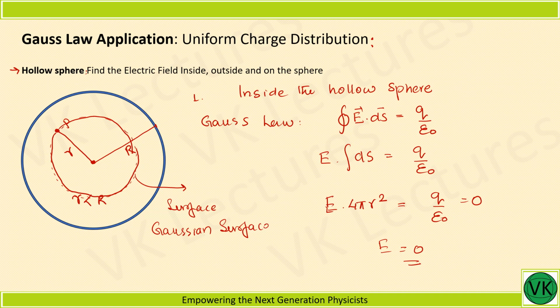So if you are going to find the electric field inside, we need to consider a Gaussian surface inside, such that within that radius there is a symmetrical surface with the radius r. So that is the Gaussian surface. So electric field inside is 0, so we can write E inside equal to 0.